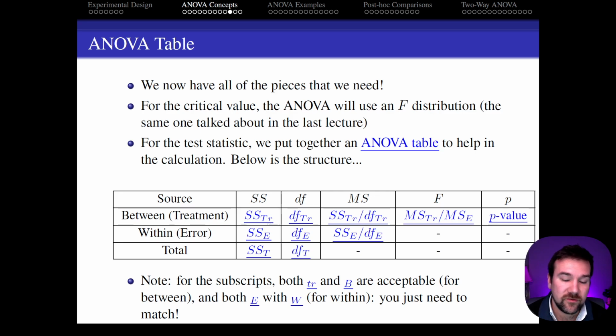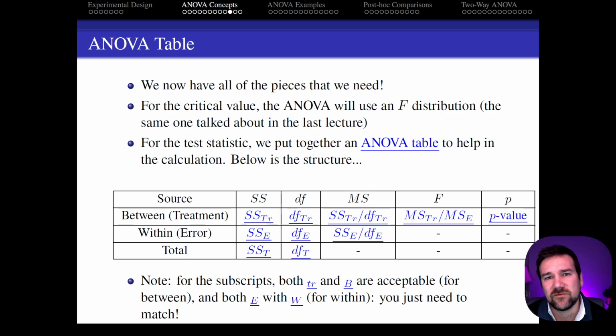Similarly, for the error, the sum of squares error over the degrees of freedom error gives me the MSE, or the mean squared error. And again, that MSE is a term that'll pop up a lot when we get to the regression chapter. Here in ANOVA, feel free to use MSB or MSW. Again, those are very, very common notations in ANOVA. Both of these are common, so I struggle with how to present these and try to present them both ways.